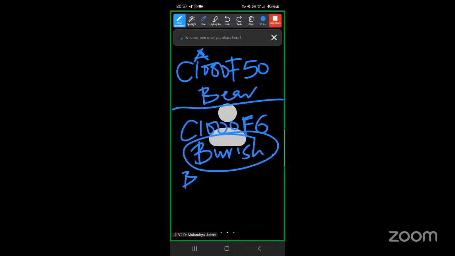Meaning this strategy is going to be used when the market is bullish, when the coin is pumping, when the market is up. And you are typing A. Typing A, this is bearish. It means the market is down. Bearish means the market is down. Bullish means the market is up.